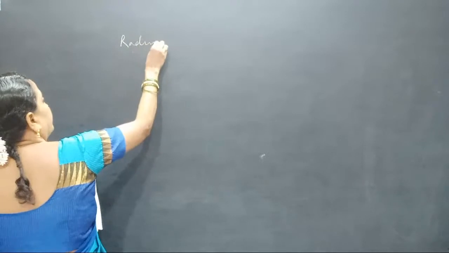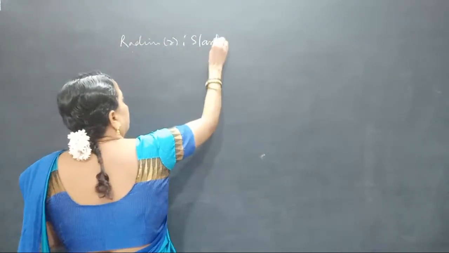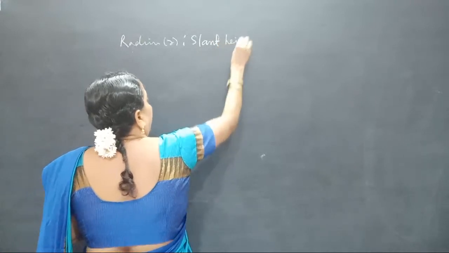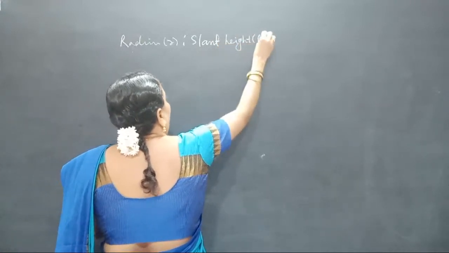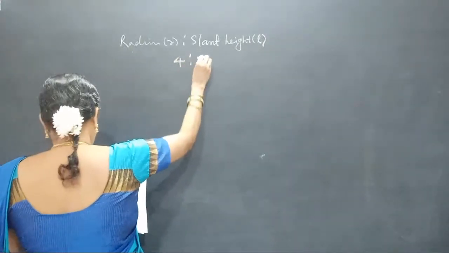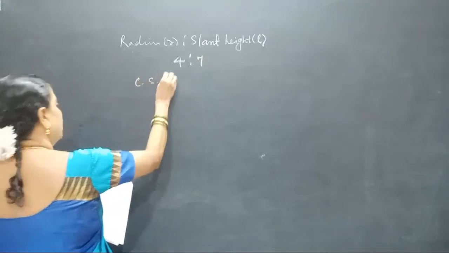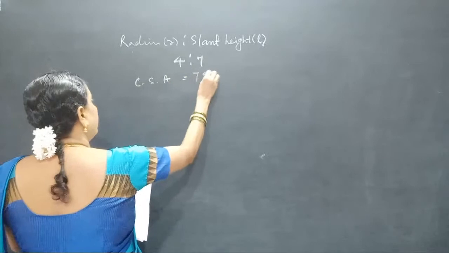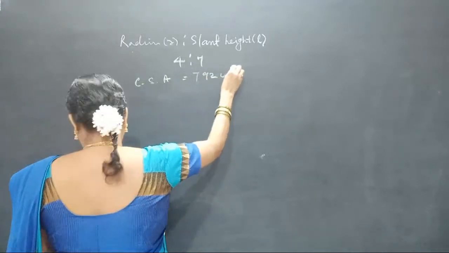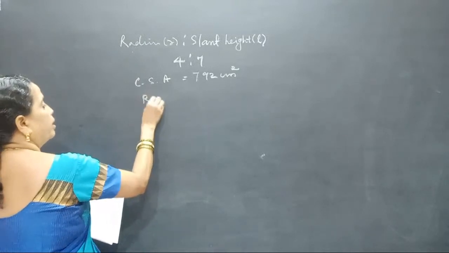The radius and slant height of a cone are in the ratio 4:7. Its curved surface area is 792 centimeters square. Find its radius.